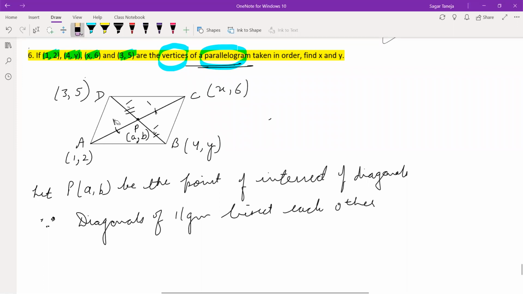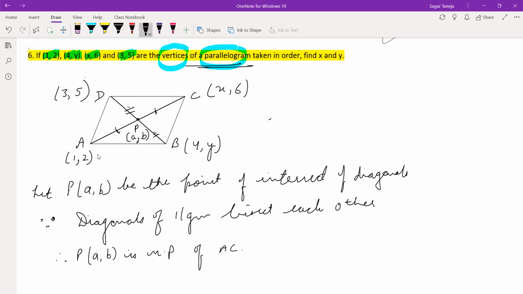So if the ratio is 1:1, or we can say that if P is the midpoint of AC, therefore P(a, b) is the midpoint of AC.